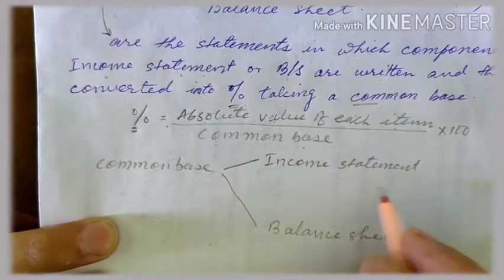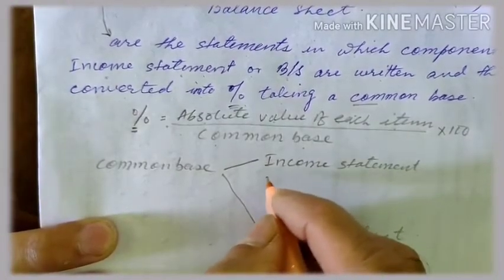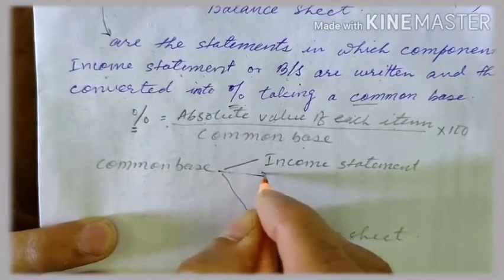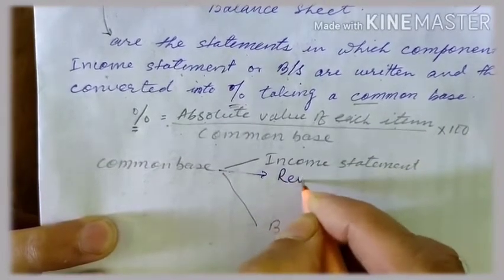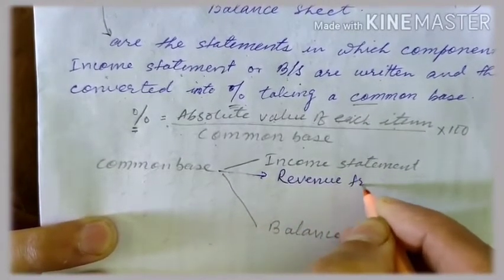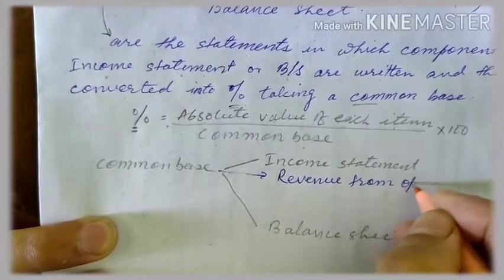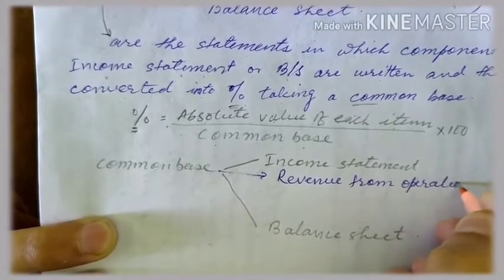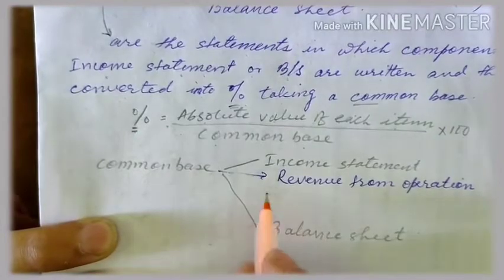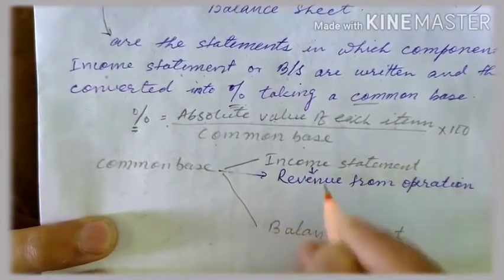Now for income statement, your common base is revenue from operation. This is a common base for income statement.